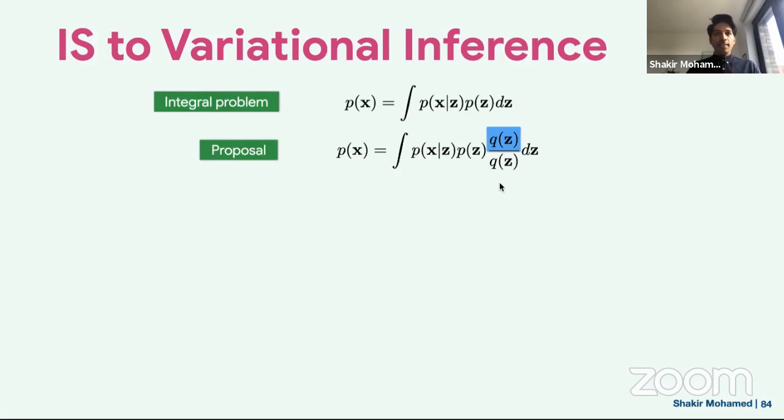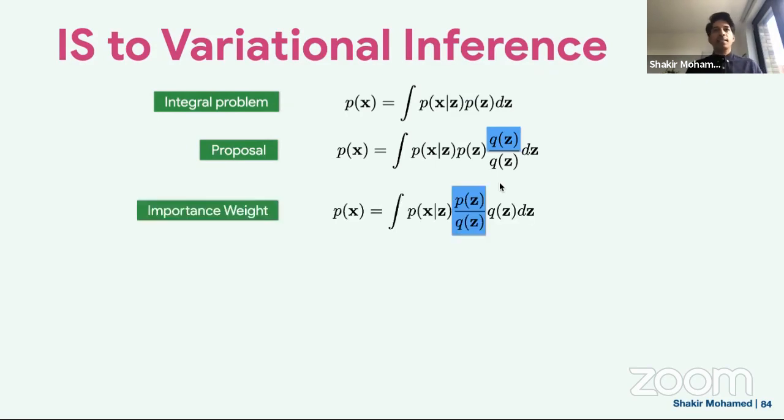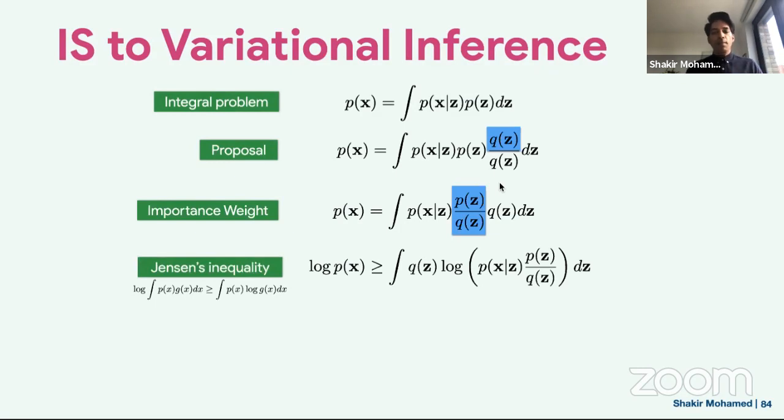In importance sampling, at this point, what I did was to introduce the Monte Carlo method. Instead, there's the importance weight, and instead of using the Monte Carlo method to get an estimator, I'm going to apply Jensen's inequality to the log of this quantity.